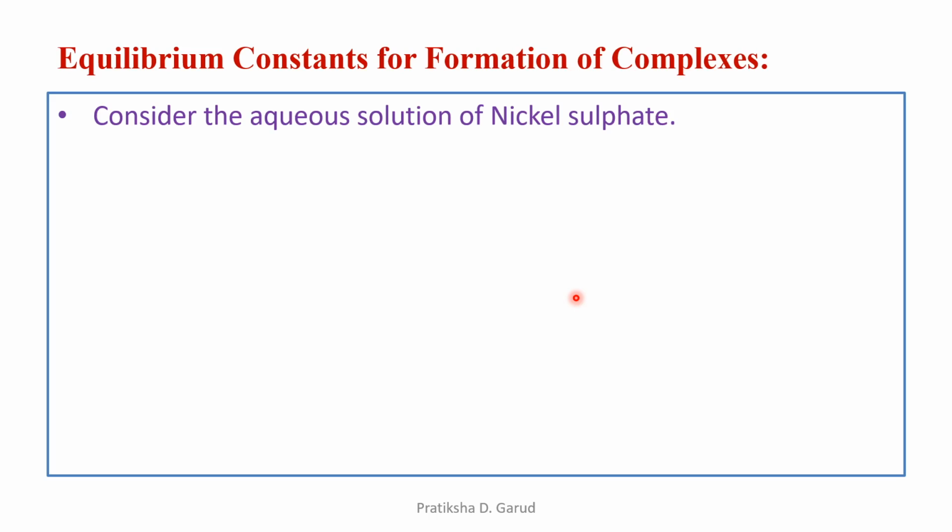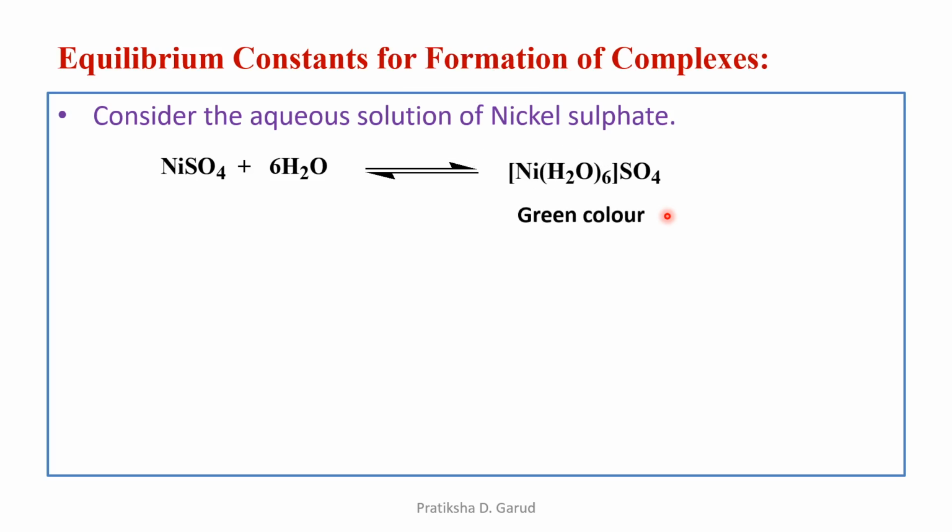So the aqueous solution of nickel sulfate is obtained by dissolving nickel sulfate in water. We have the reaction: NiSO4, nickel sulfate, is dissolved in water and we get the aqueous solution of nickel sulfate, which is [Ni(H2O)6]SO4. This aqueous solution has a particular color, and it is green. If you see the solution, this nickel sulfate solution is green in color.